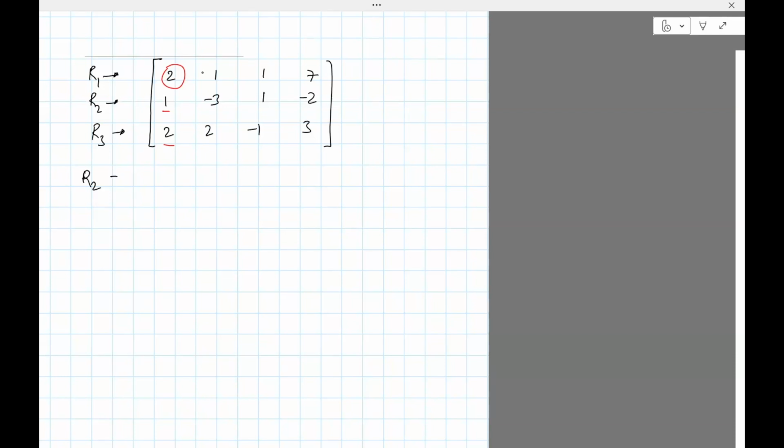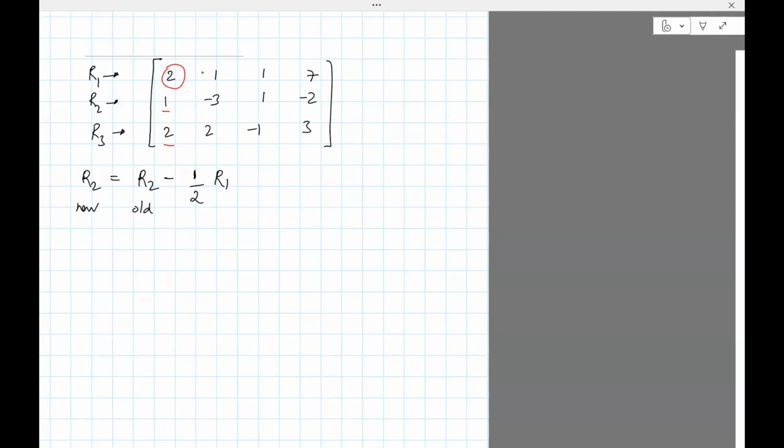So new row 2 will be my old row 2, which is this one, minus I take the pivot, I divide by the pivot, and then I take this element, put it here, times R1. So this is my old R2, this is my new R2.